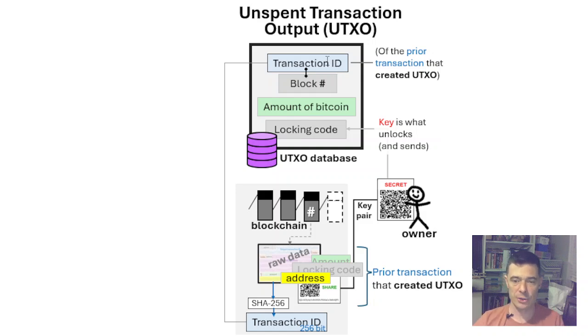That's because you have this transaction ID, and that's pointing to the blockchain, where all the raw data from this transaction is sitting on the blockchain for data integrity. And then you have your secret key here, which is the owner's connection to that raw data.